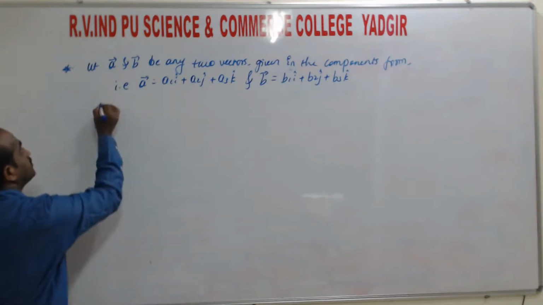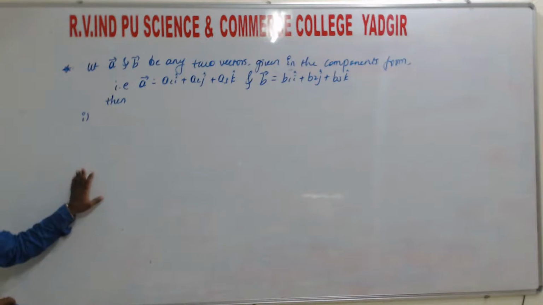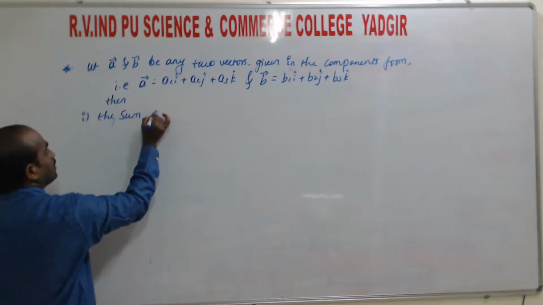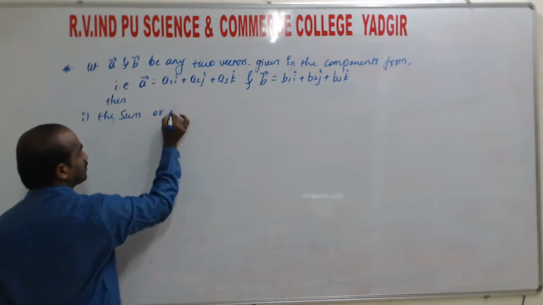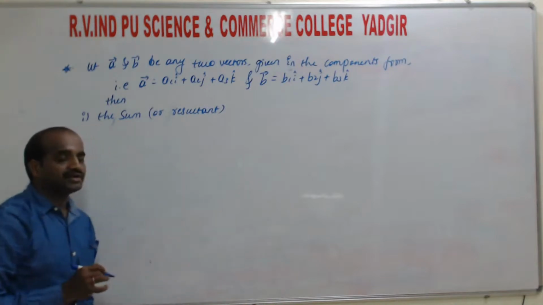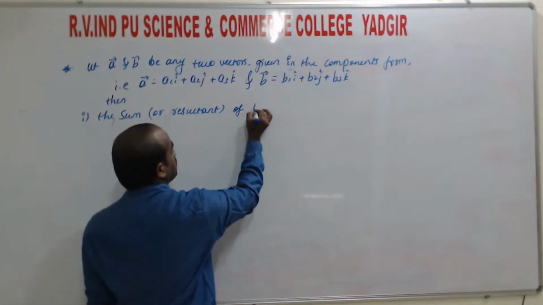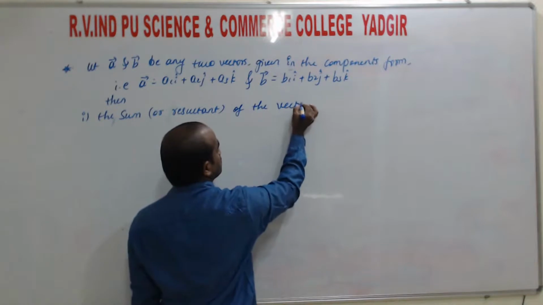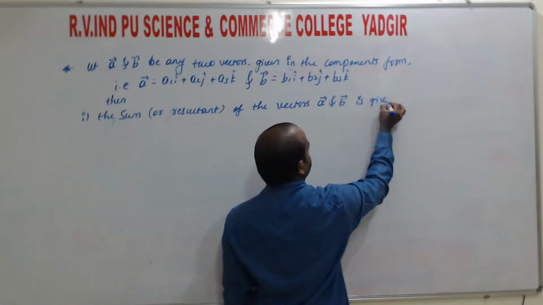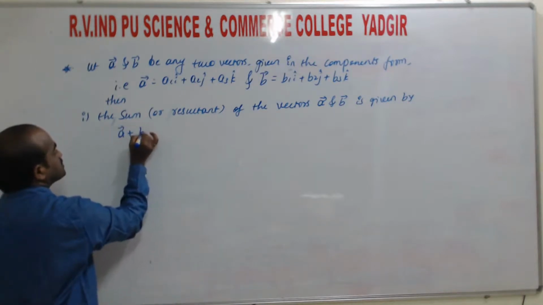Now, first one: the sum or resultant of the vectors a vector and b vector is given by a vector plus b vector.